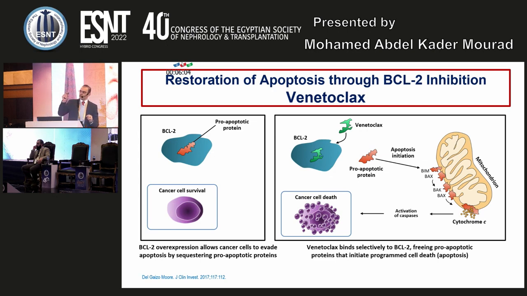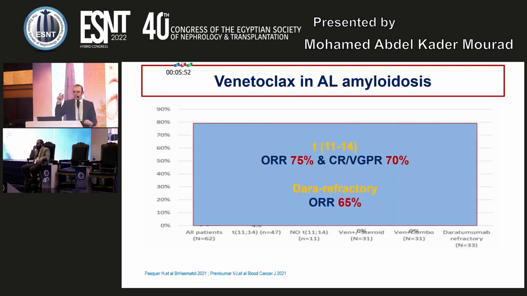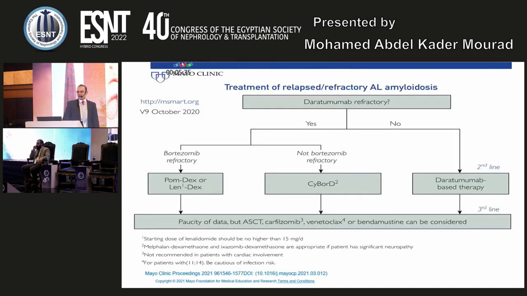By inhibition of BCL2 with the molecule called venetoclax, pro-apoptotic proteins are freed, leading to programmed cell death. Venetoclax has a special consideration in patients with relapsed refractory disease, especially with translocation 11;14, which is resistant to treatment with bortezomib, especially in patients with AL amyloidosis, and in DARA refractory patients the overall response rate is 65%.